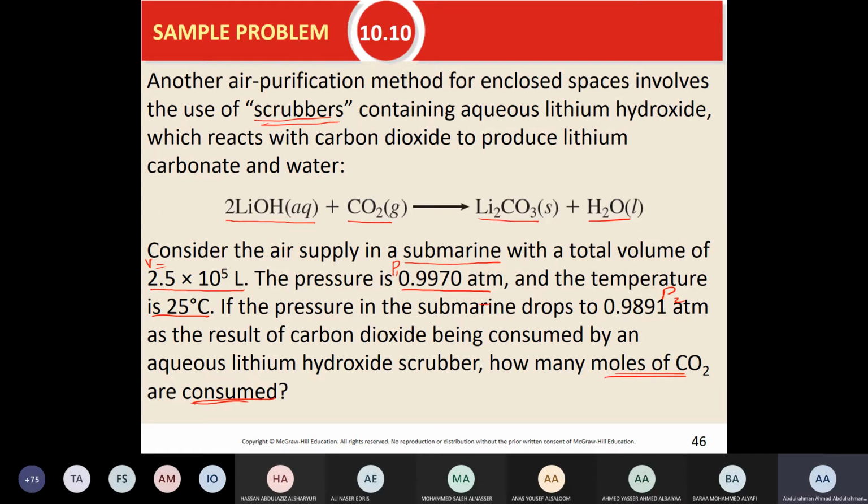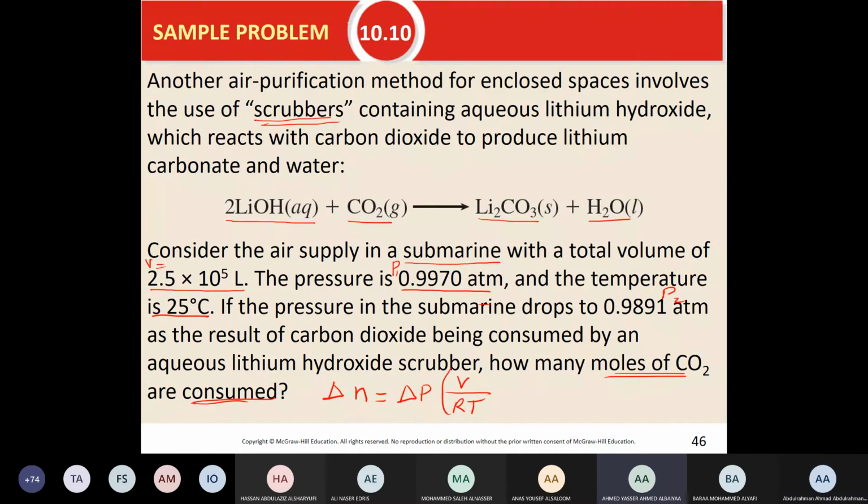Okay. What do you have here? You have the volume. What's the law that you're going to use? Ideal gas. Delta n equals what? Delta P over RT, and for the P we subtract the second one from the first one.